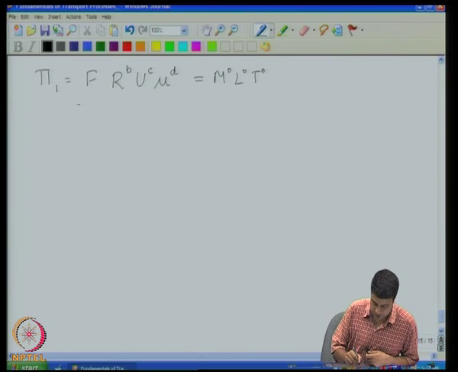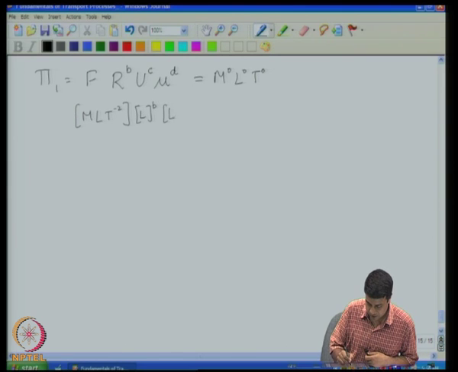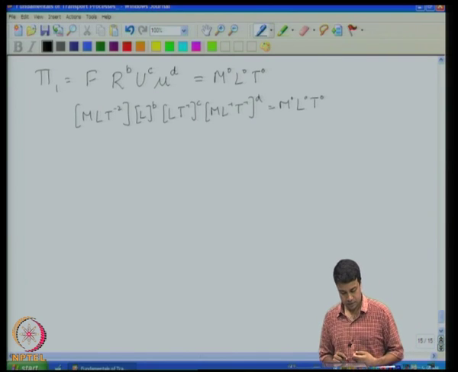So, force has dimensions of m L t power minus 2, mass times acceleration, times length power b, velocity which is length t inverse power c, and then viscosity which is m L inverse t inverse power d, is equal to m power 0, L power 0, t power 0, dimensionless.